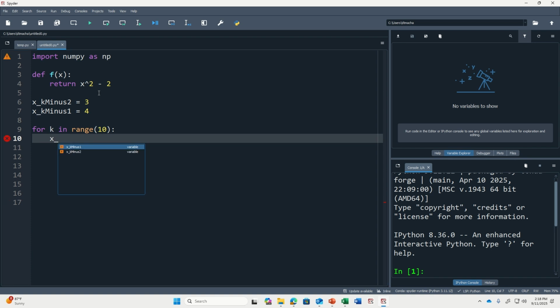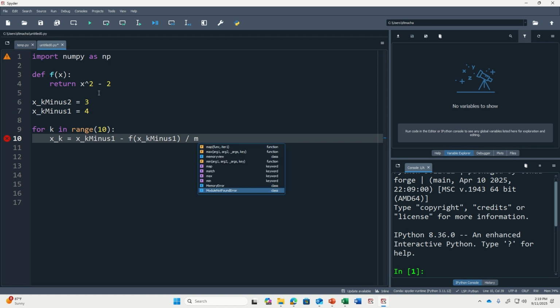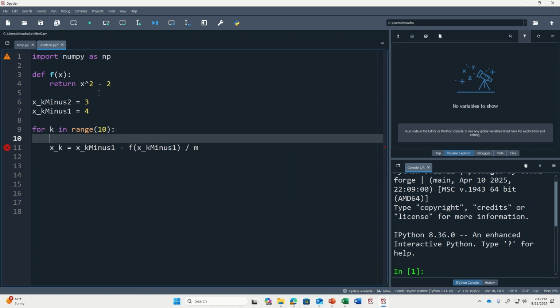x sub k is going to be equal to x sub k minus 1 minus f of x sub k minus 1 times, I'm just going to say divide by m, because I don't want that line of code to get super long and nasty.